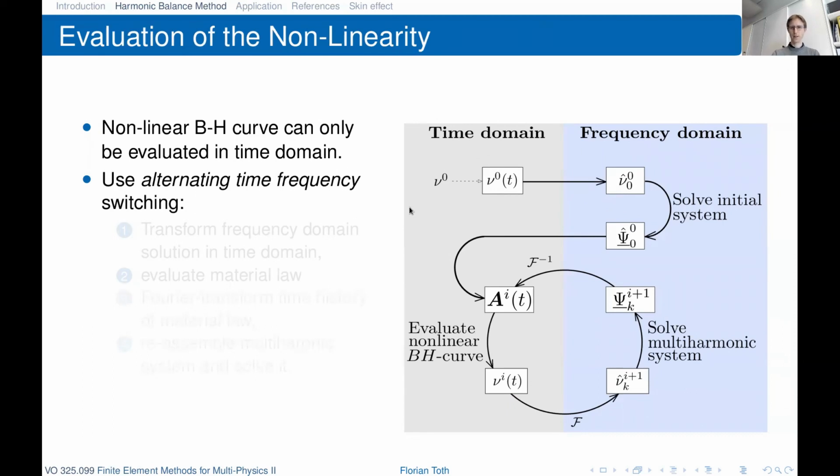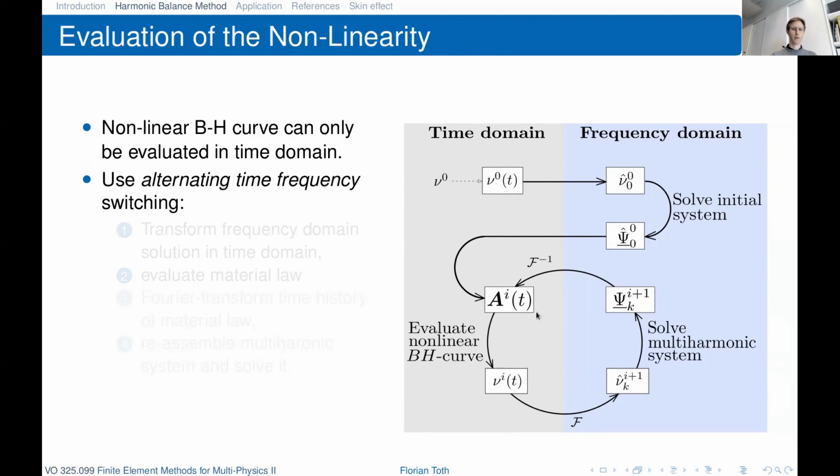So how does this work? Basically, when we start the iteration, we assemble our linear system for an initial reluctivity nu 0. And with this, we can obtain the frequency domain solution by just assembling the linear system and solving it. We get a solution vector, and this is in terms of the harmonic coefficients. So these are the A_k. Now we can use the inverse Fourier transform, or the ansatz, to transform this into the time domain.